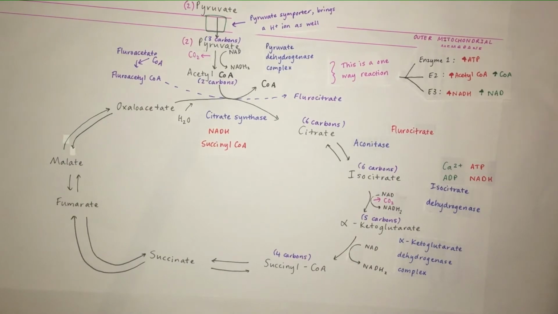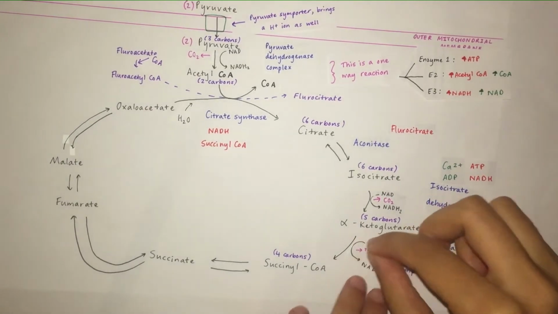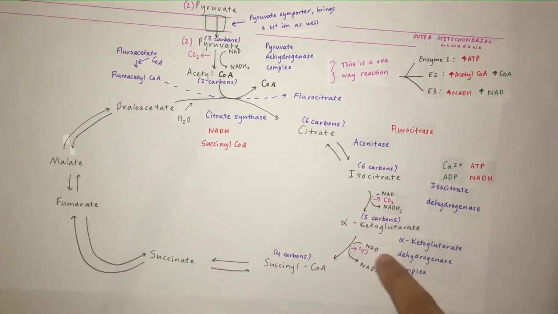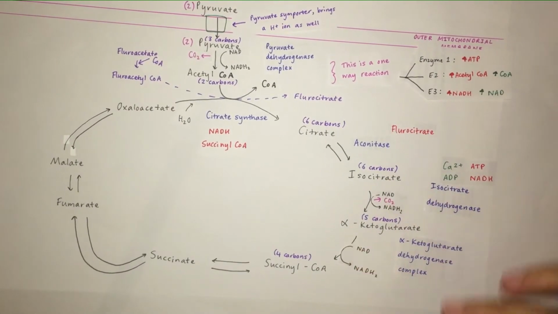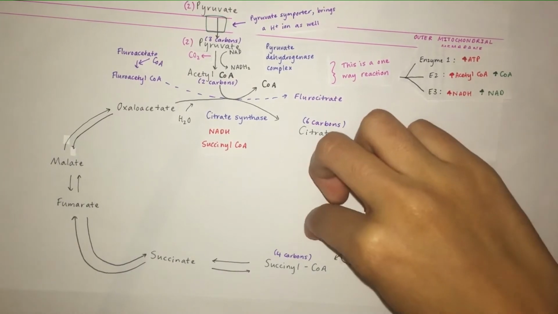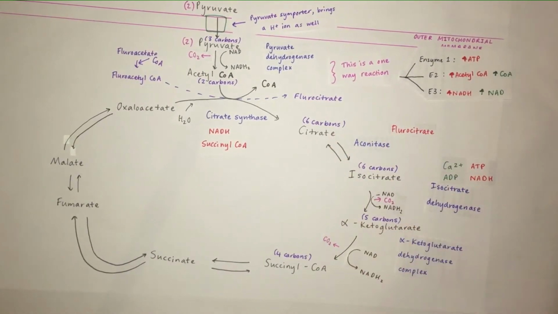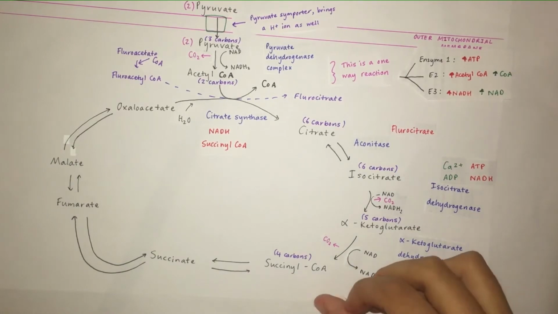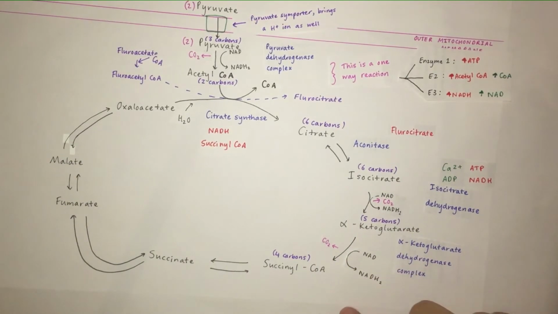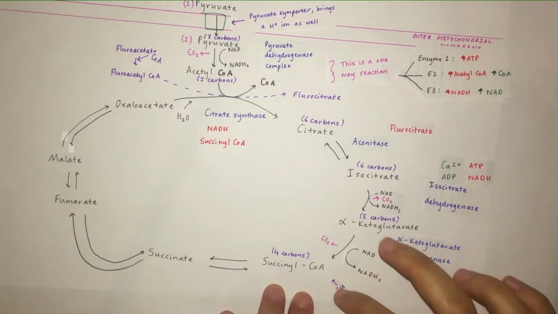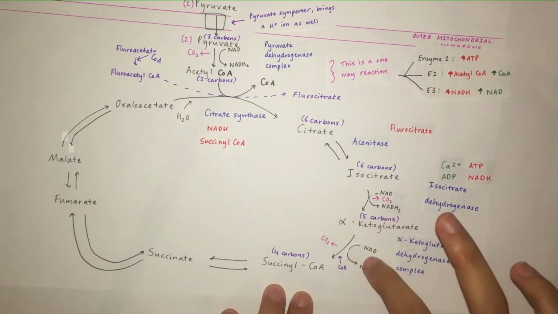We're going to lose another CO2 because we're going from a 5-carbon alpha-ketoglutarate to a 4-carbon succinyl-CoA. So I'll just put that here to lose that carbon dioxide. And then we're going to add a CoA in this process because the succinyl-CoA has a CoA in it.